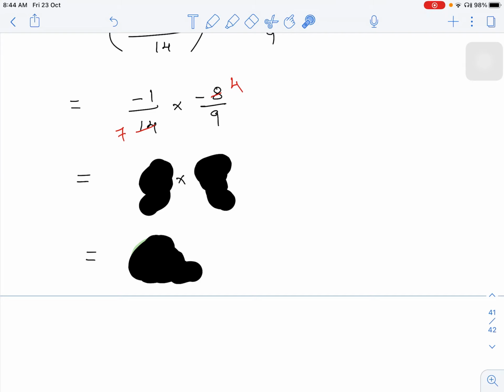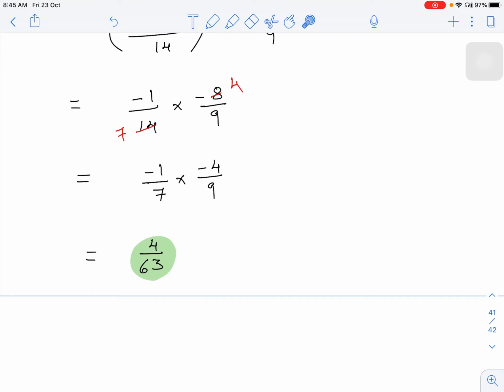So in the next step, what do we get? This minus 1 upon 7 we have written here, and this minus 4 upon 9 we have written here. Now this numerator will multiply with numerator, denominator with denominator. So our final answer is minus into minus plus, 4 ones are 4, upon 7 nines are 63.